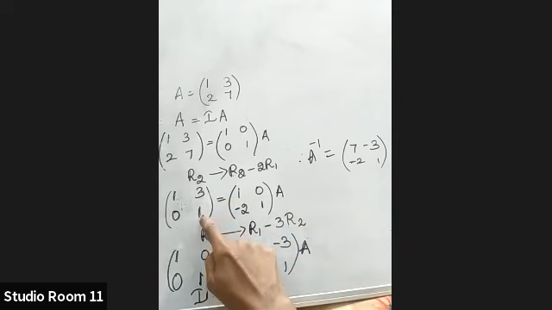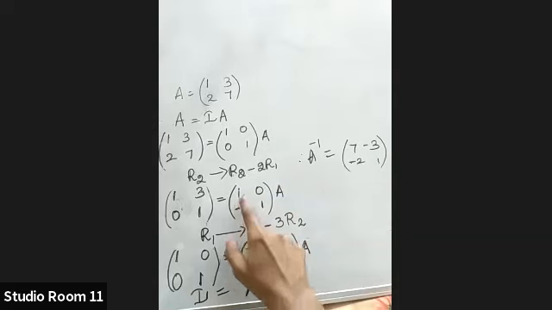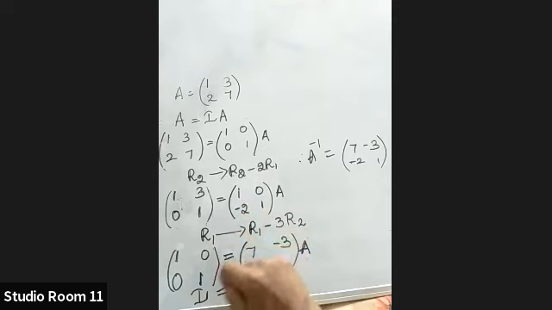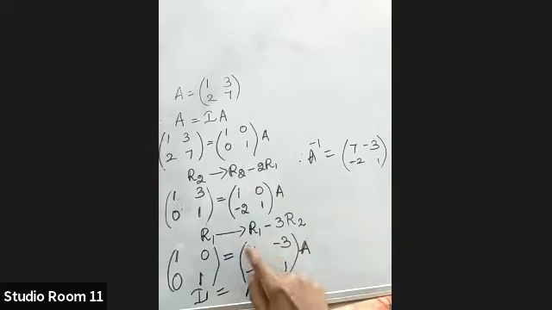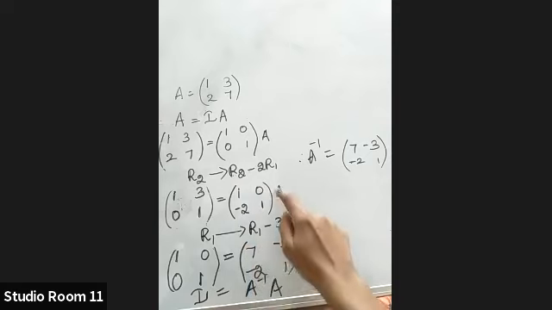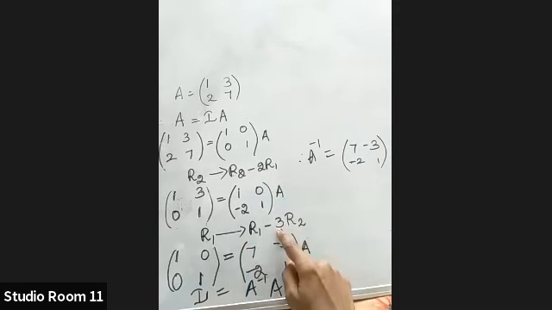We multiply this by 3 and add with first row. So 3 minus 3, it will become 0. The same way here, R1 minus 1 minus 3 into 2. So 1 minus 3 into minus 2. Negative into negative, it will become positive. So 1 plus 6, you will get 7. Similarly, 0 minus 3 into 1. So minus 3 into 1 is minus 3.